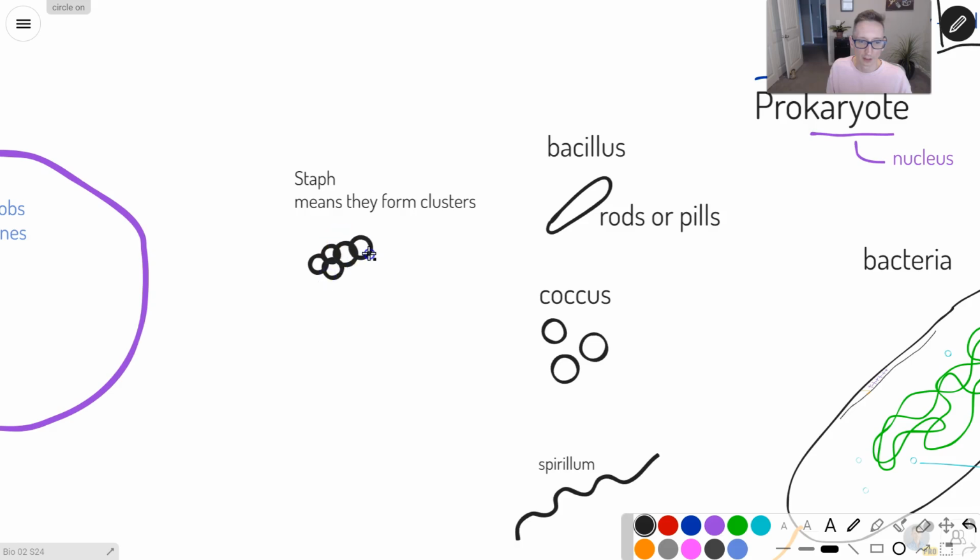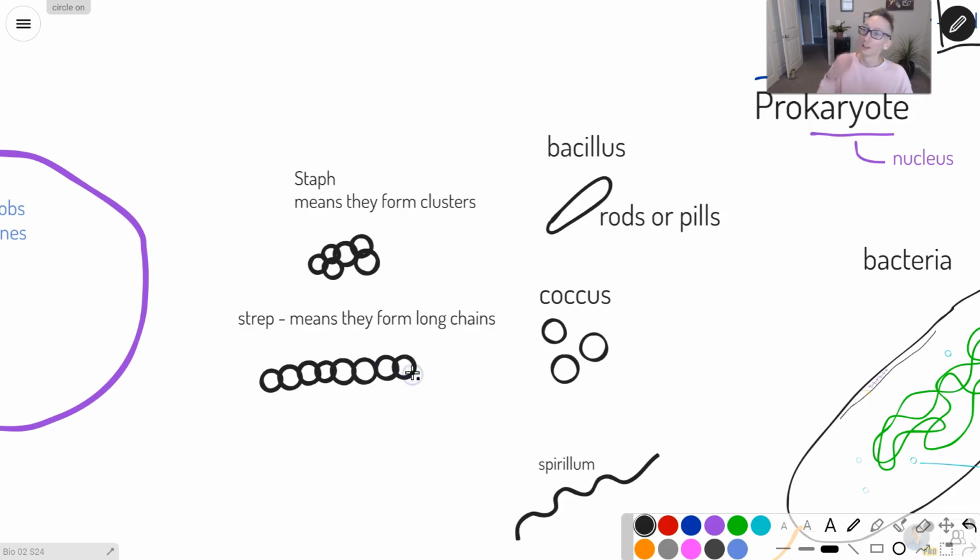They form little clusters of grapes. All right, strep means they form long chains. So a streptococcus means that they would form big long chains like this. So if you have strep throat, that's caused by a streptococcus. If you look at a swab of your throat, you'll see bacteria that look just like that.